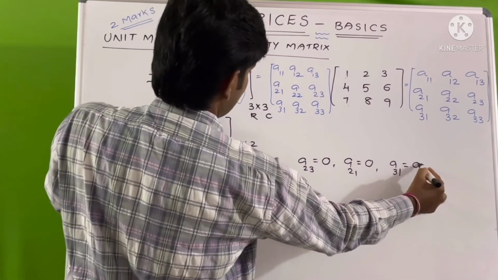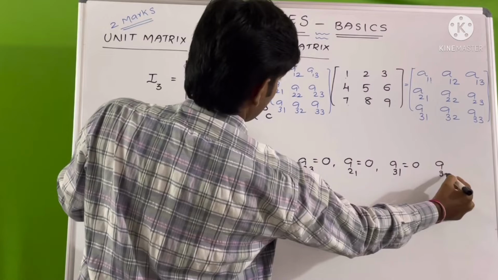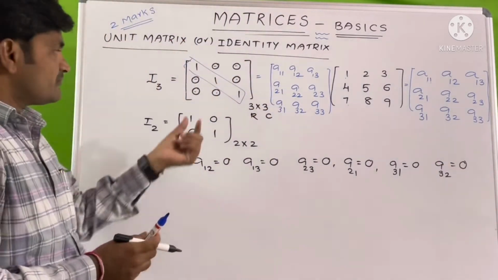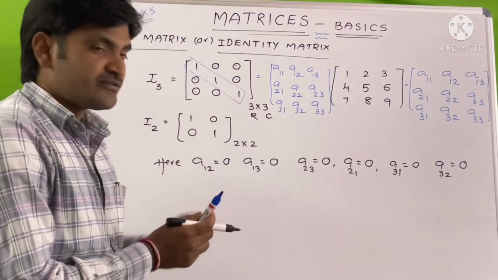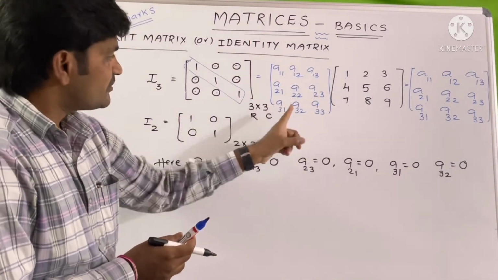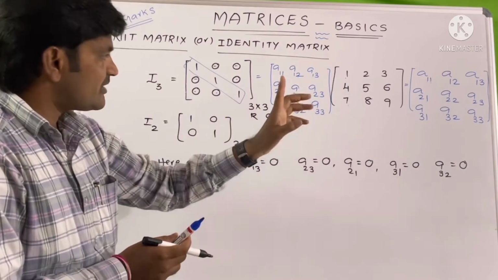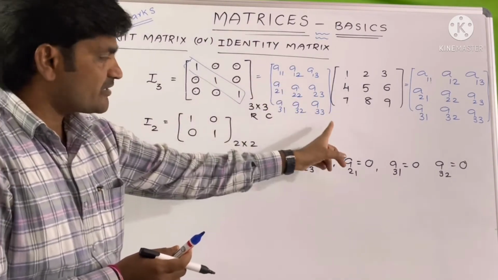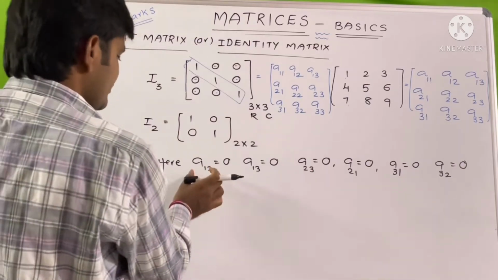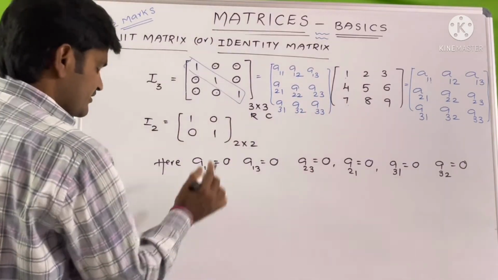A31 equal to 0. A32 equal to 0. From comparing these two matrices, these elements are 0, this one also 0, except the diagonal elements all the remaining elements are 0.